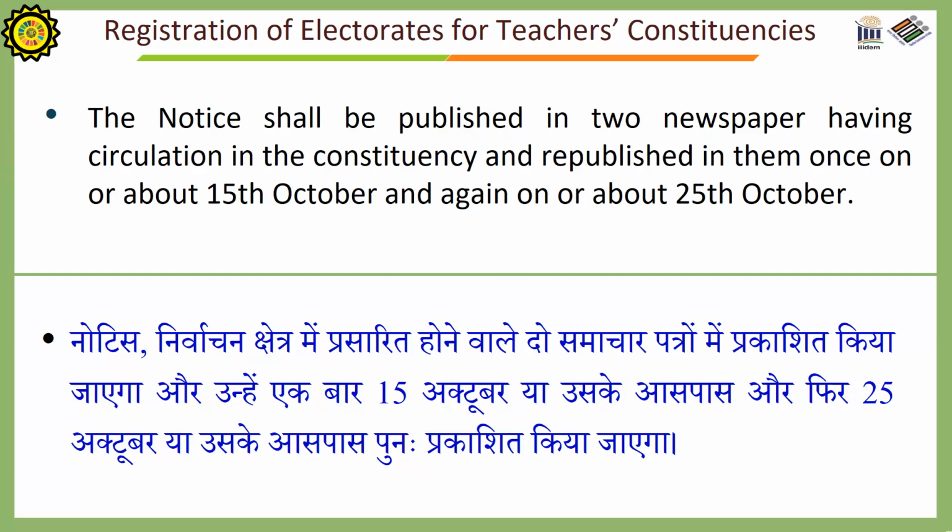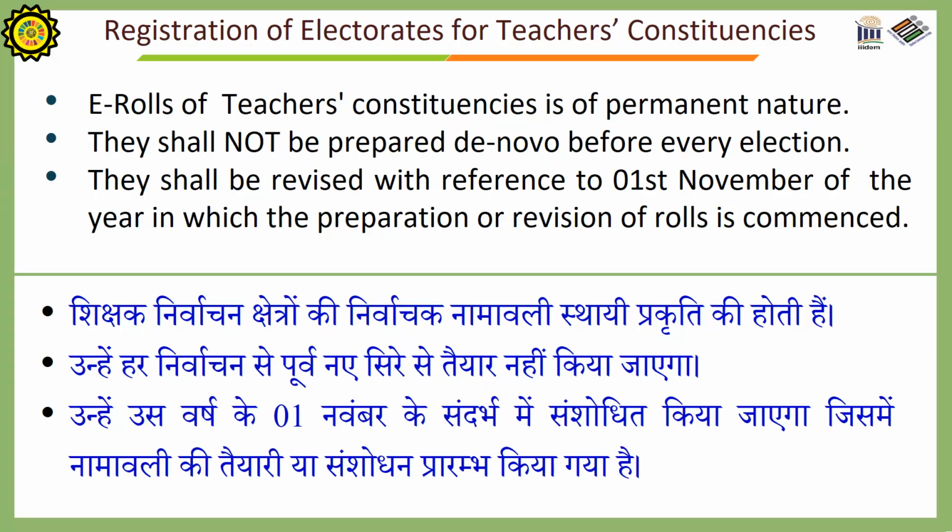The notice shall be published in 2 newspapers having circulation in the constituency and republished in them once on or about 15th October and again on or about 25th October.